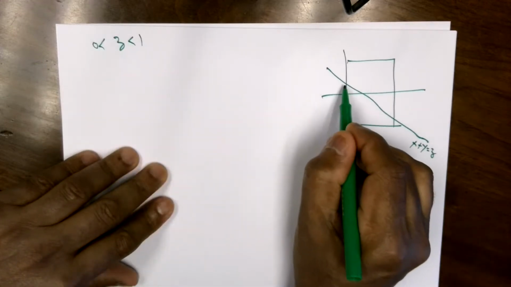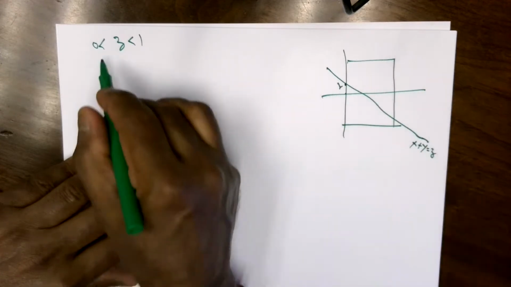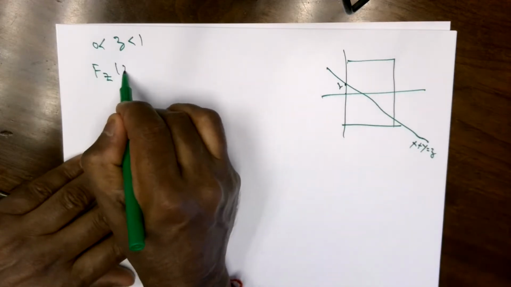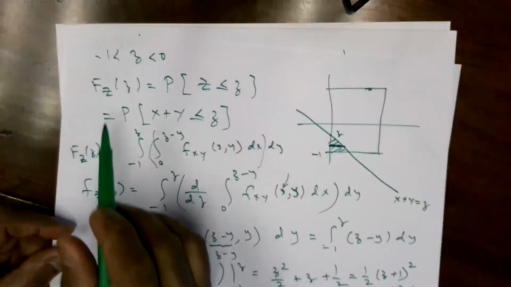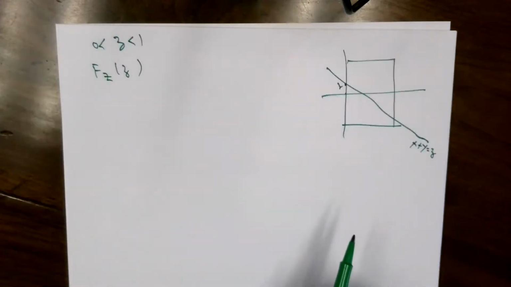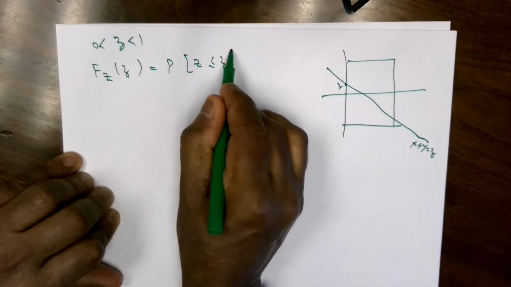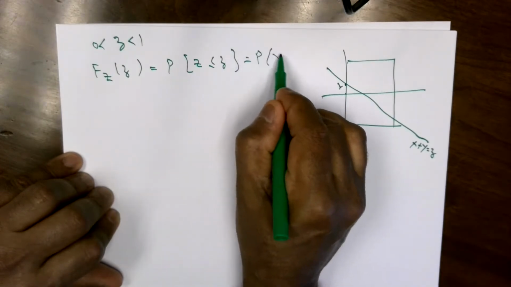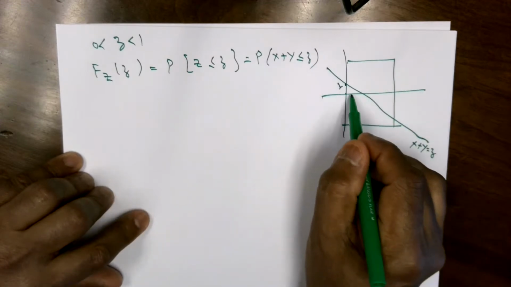You can see the intercept here; this is the easiest way to figure out how the line would be. The same argument as before applies, so I'm not going to repeat all this. This is going to be the probability that x plus y is less than or equal to z, so that's going to be this region.